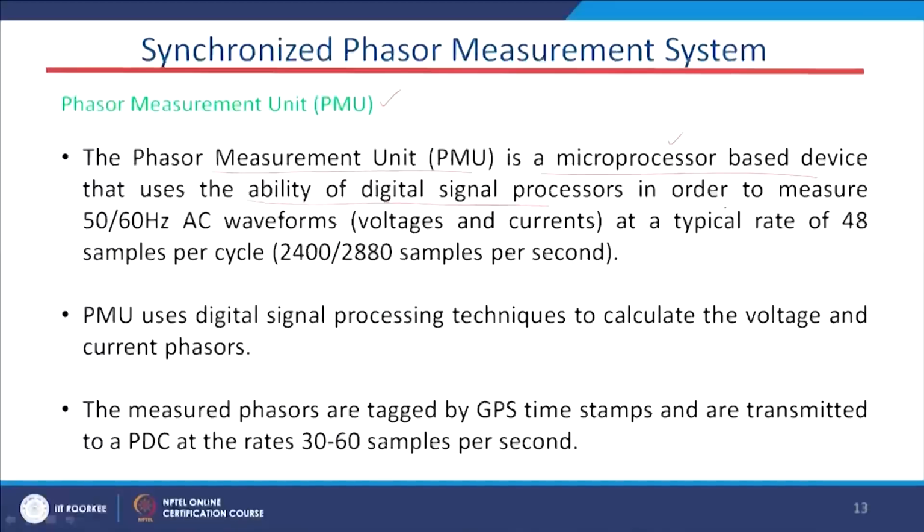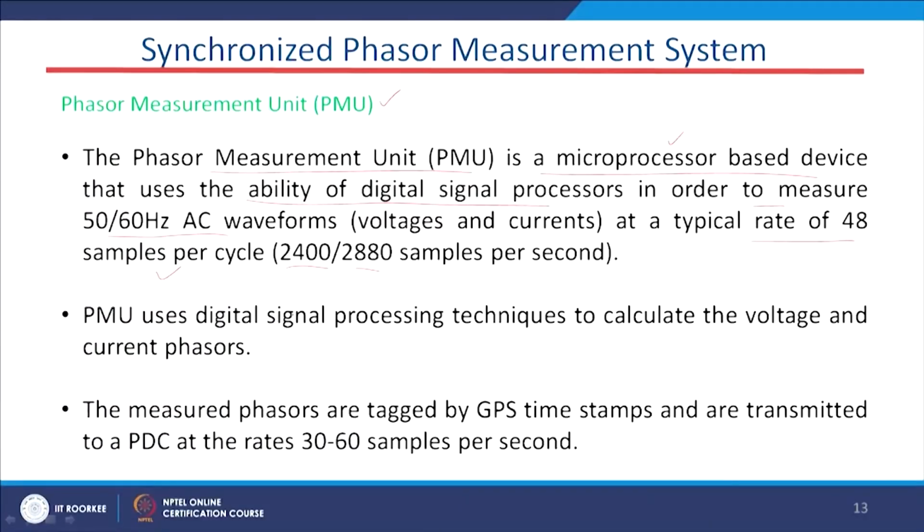In order to measure 50 to 60 hertz AC waveforms of the voltage and current at a typical rate of 48 samples per cycle, it measures the voltage and currents at a sampling rate of 48 samples per cycle, or 2400 or 2880 samples per second.